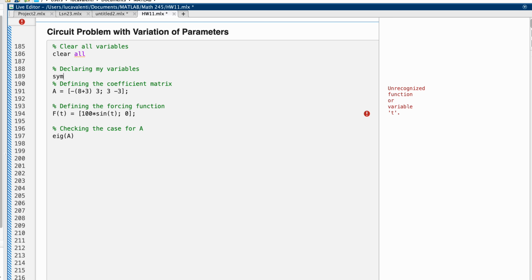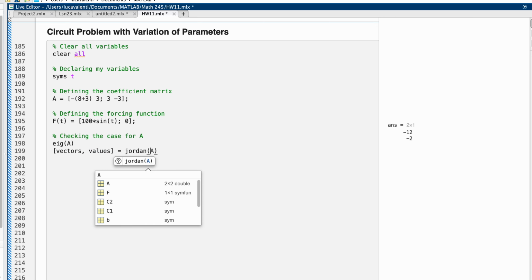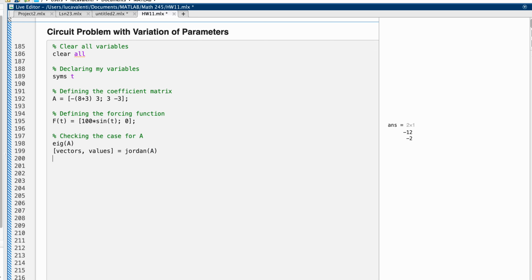The first one is going to be t. Press Control Enter. We see that we have two distinct values. So I'll use Jordan, which is going to output the vectors and the values. It's going to be Jordan of A, and I want that to output.